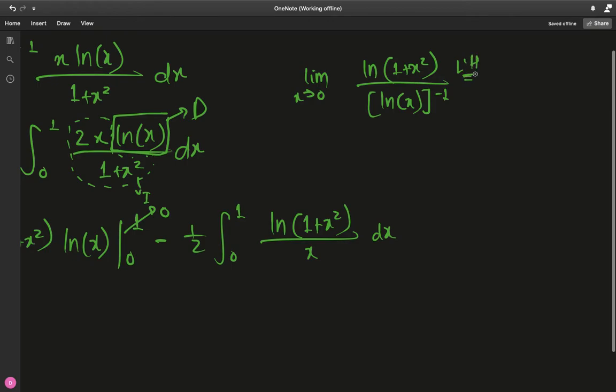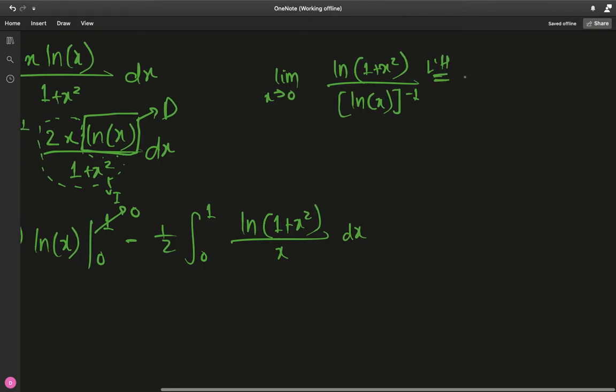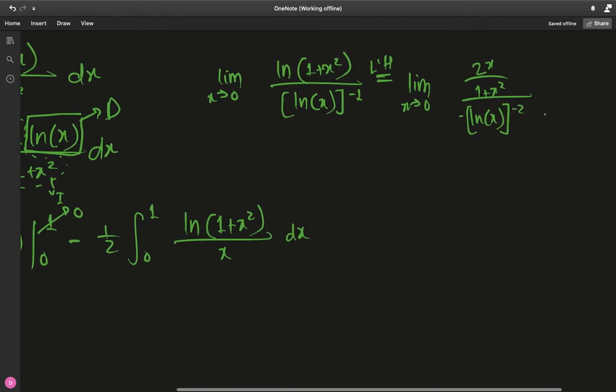That's the short form for L'Hopital's rule. We will obtain limit as x goes to 0 of 2x over 1 plus x squared divided by negative natural log of x to the negative 2 power times 1 over x.